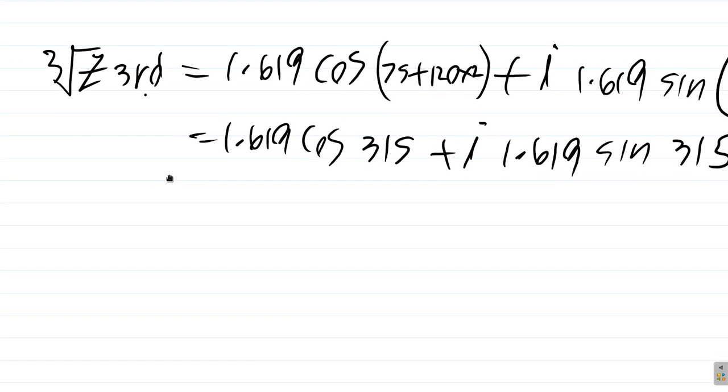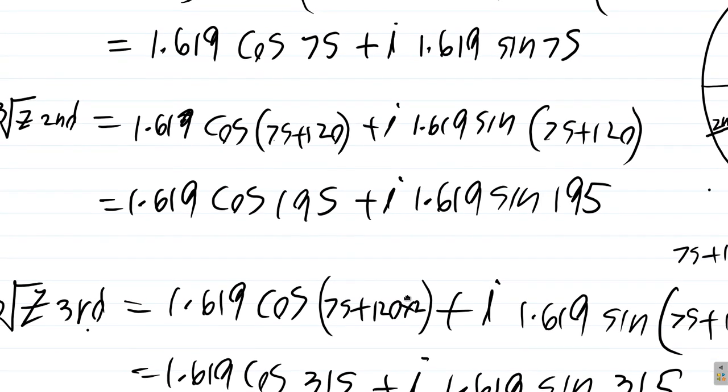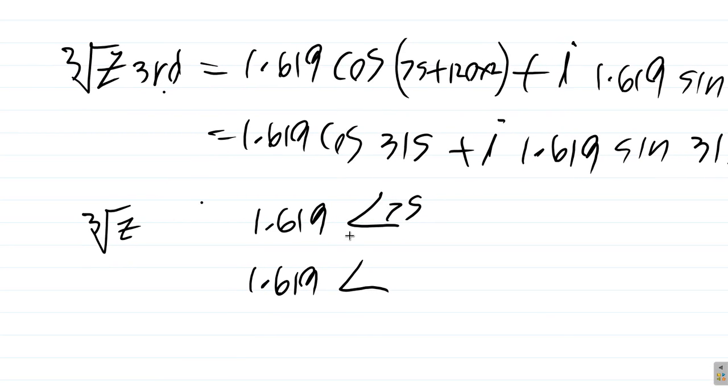A shorter way that you could write it: the cube roots of z are 1.619 angle 75, 1.619 angle 195, and 1.619 angle 315, right?